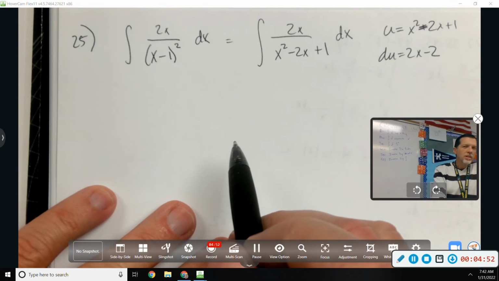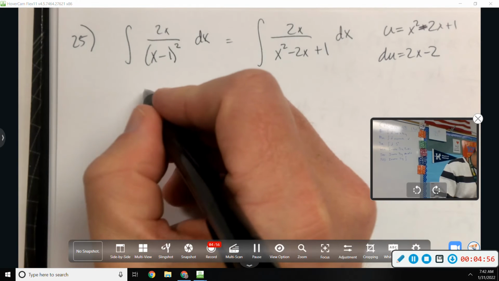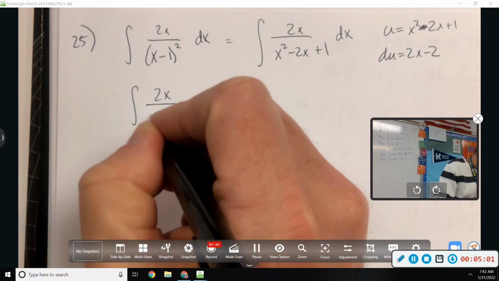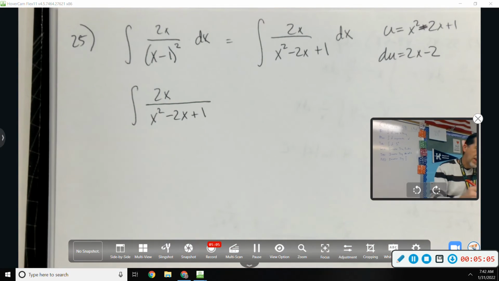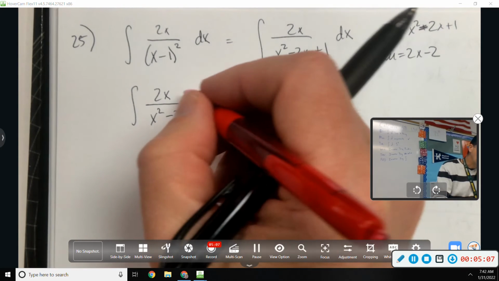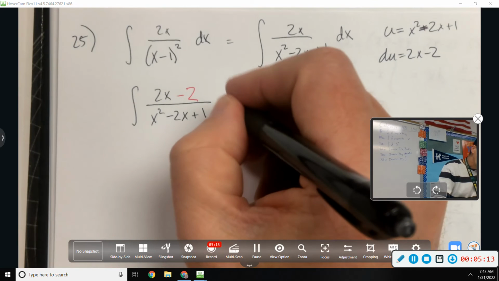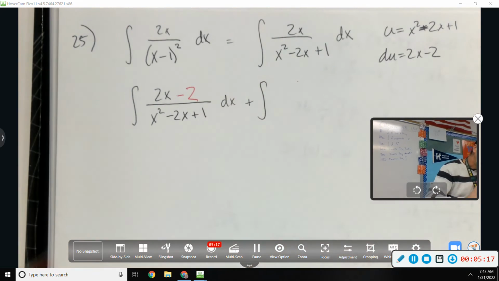Although, what I can do, I would like a minus 2 here, because then I've got a u du situation. But I can do a plus 2 this way.